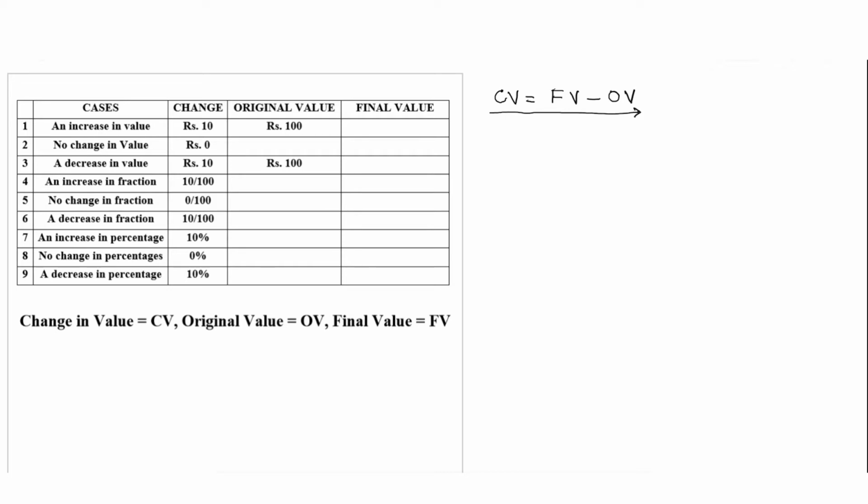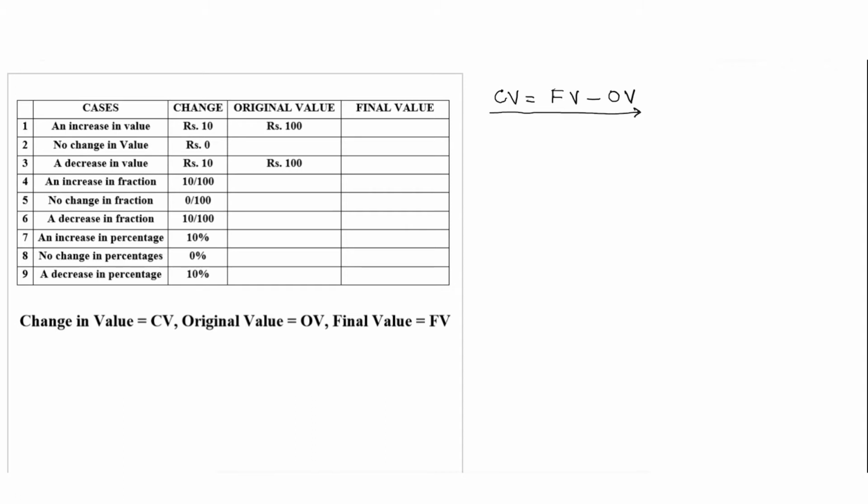So the first thing which happens here is the original value, and thereafter any other happening will be taken as either the final value or an interim final value. Now we are only talking about a single change. Single change means when we have one change, signified by one final value minus one original value.